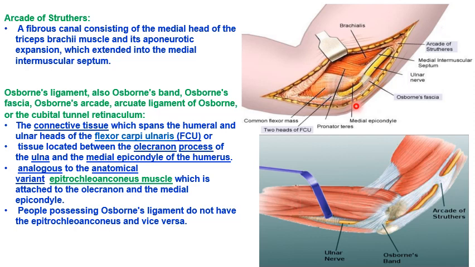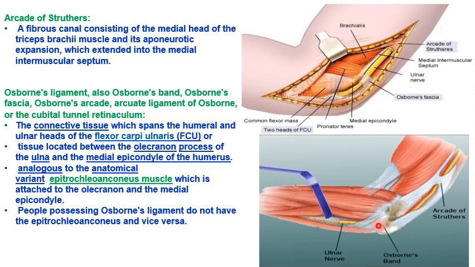The connective tissue that spans between the humeral and ulnar heads of the flexor carpi ulnaris, located between the medial epicondyle and the olecranon process of the ulna, is known as Osborne's band, Osborne's ligament, Osborne's arcade, arcuate ligament of Osborne, or cubital tunnel retinaculum, where the ulnar nerve can also get compressed, and this forms the cubital tunnel as well.